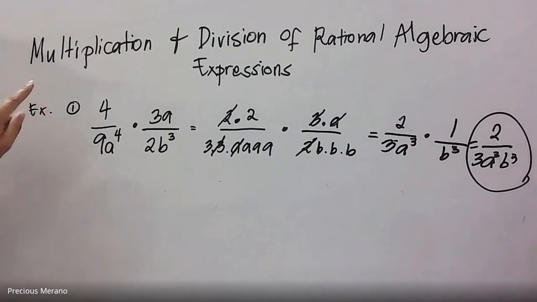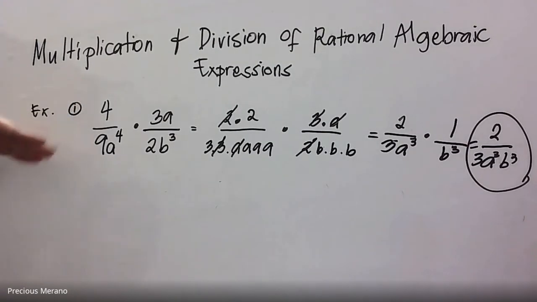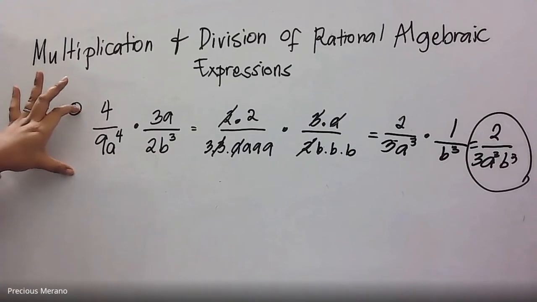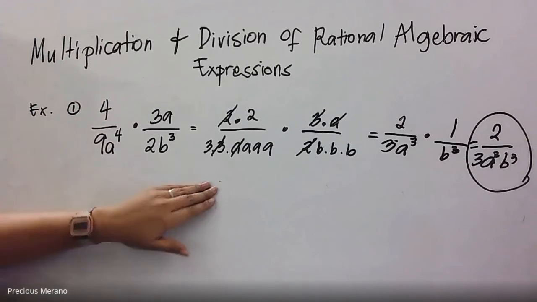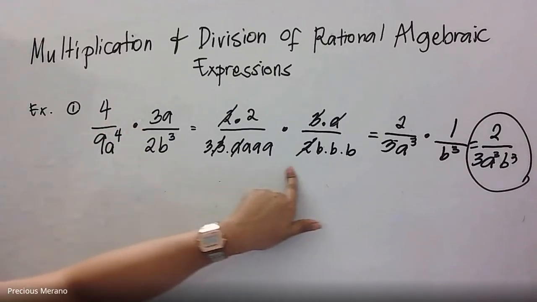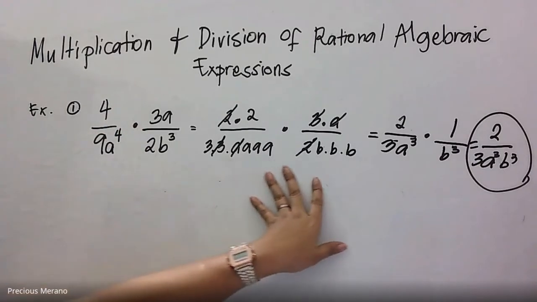So, this is the process on how to multiply monomial by monomial. Okay? So, you just have to get the factors. Kapag monomial sa monomial, ganito lang yung gagawin natin. As in, ganyan lang.